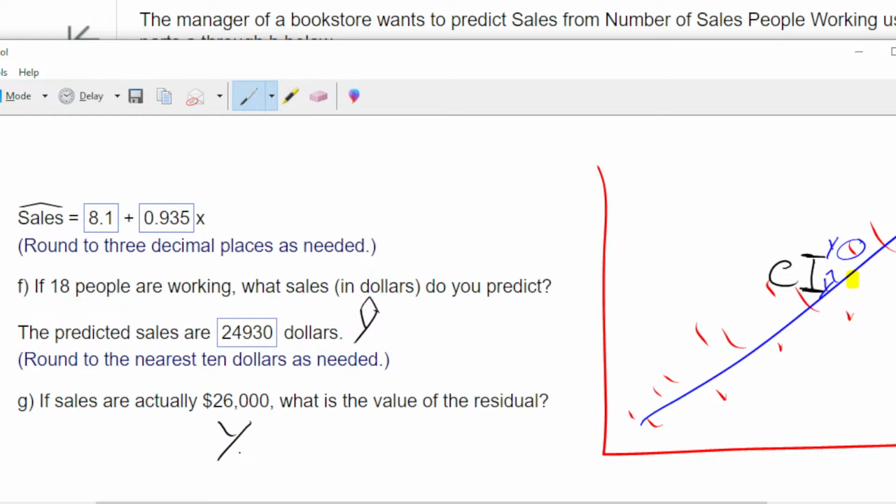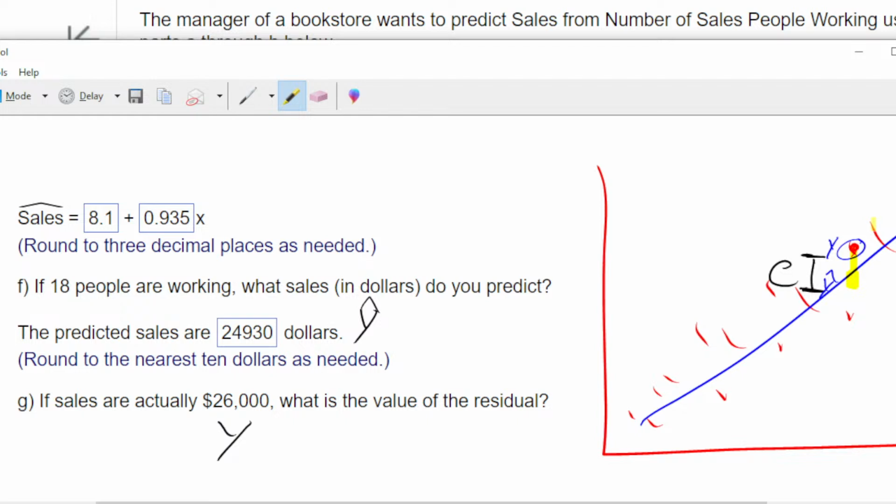So what do we find right here? The hat means predicted. Great job. So what would be the answer to this question? The residual is their difference, but think, the actual is higher than the predicted. So the actual is up here, and the residual is the distance they are away.